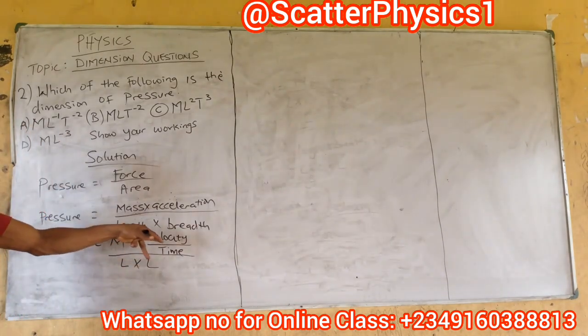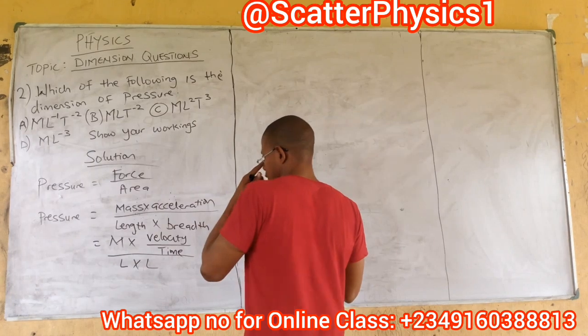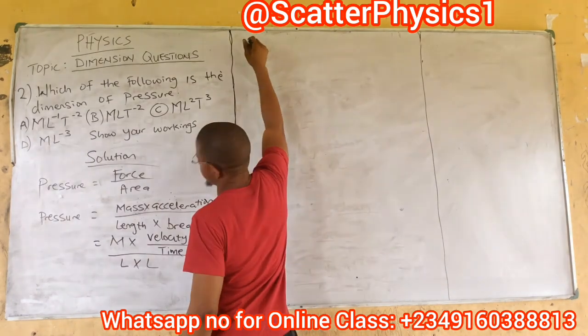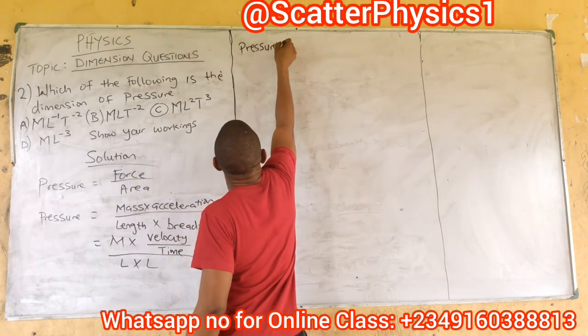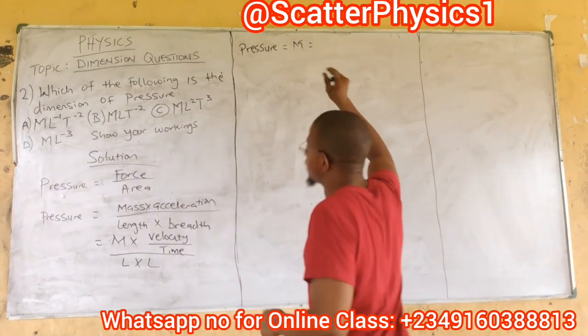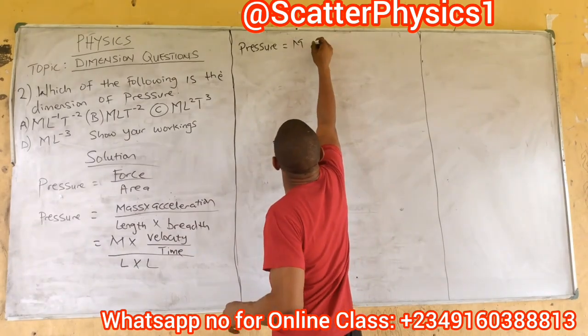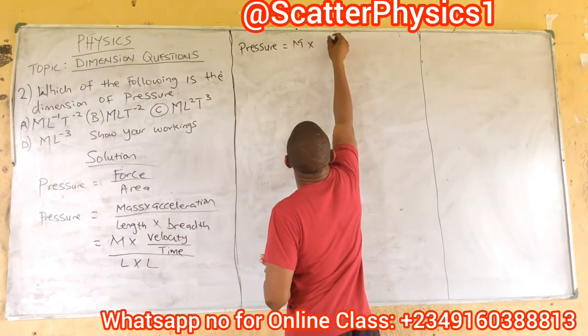So we are still looking for this. Let's come up here. Then we have M, which is mass. Pressure equals M, which is our mass, then velocity over time. Velocity is distance over time.